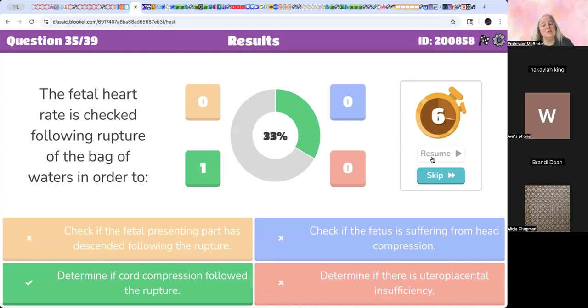So remember we talked about this earlier that when the bag of water breaks, that's a primary time for a cord prolapse. But even if the cord didn't prolapse, we've changed the way that the cord is being cushioned, because the cord's not really floating in the fluid now. And so we could see signs of cord compression when the water breaks, even if it's not a cord prolapse. So we need to look at the fetal heart rate and see if we see variable decelerations.